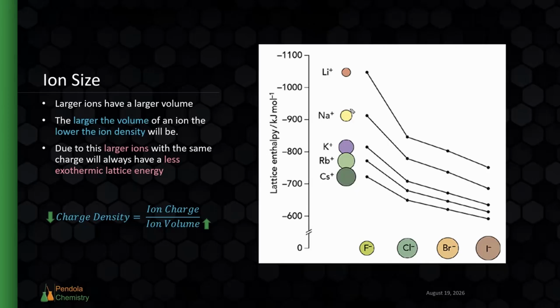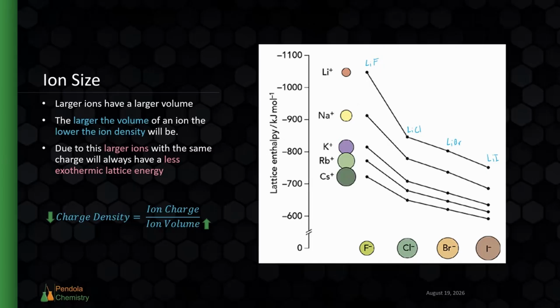So each line represents that cation, and then each dot represents the anions paired up with it. So this first dot right here is lithium fluoride, Li and F. This dot right here is lithium chloride, Li and Cl. This is lithium bromide, and this is lithium iodide.